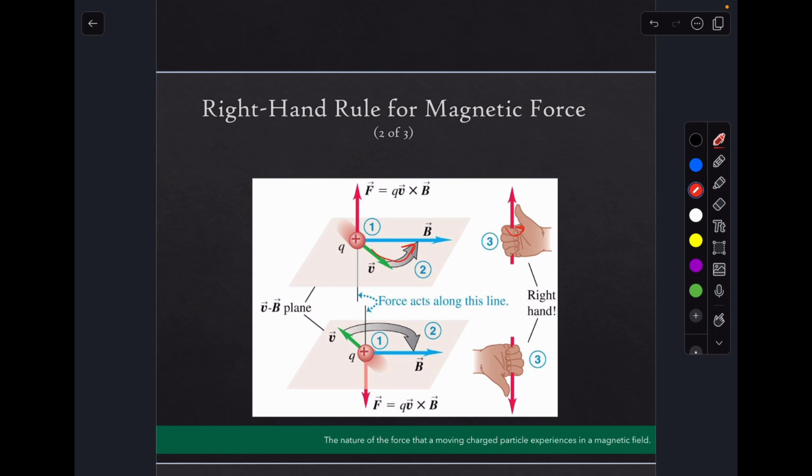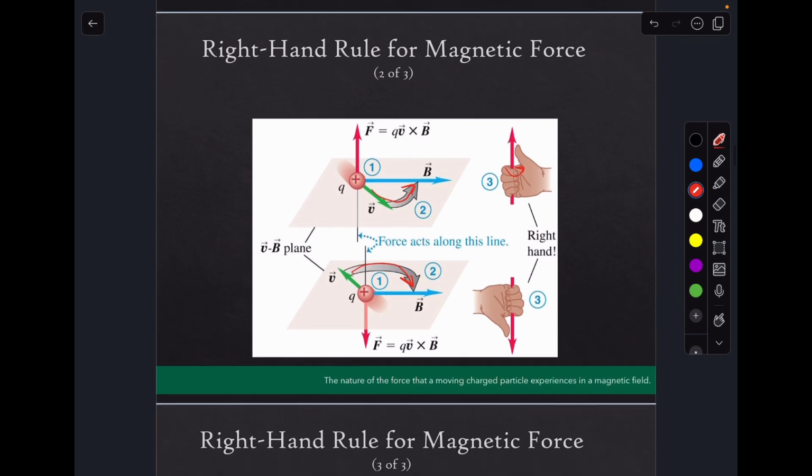But to curl V to B in this way, you naturally have to rotate your hand so that your thumb points down. There's no way to curl V into B with your thumb pointing up. You'd be curling B into V, but you're not. You're curling velocity into magnetic field, and that makes your thumb point down.